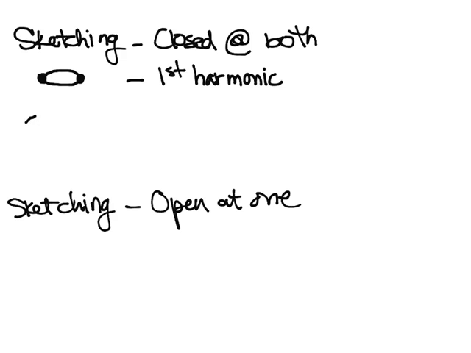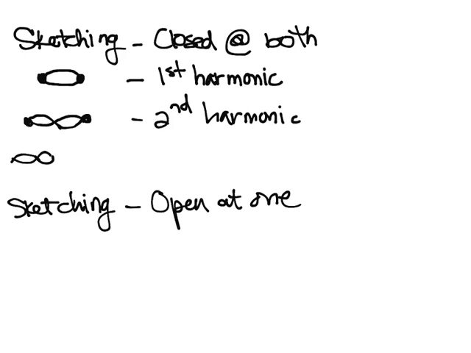Okay, and if you have two loops, that's the second harmonic. And if you have 7 loops, 1, 2, 3, 4, 5, 6, 7, and I'm terrible at drawing, that would be the 7th harmonic.